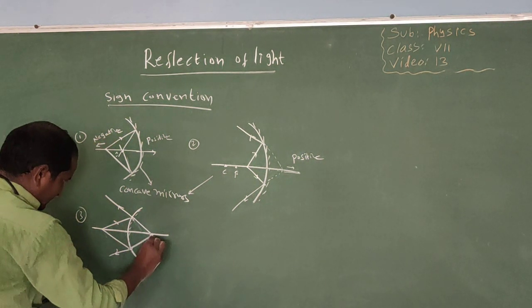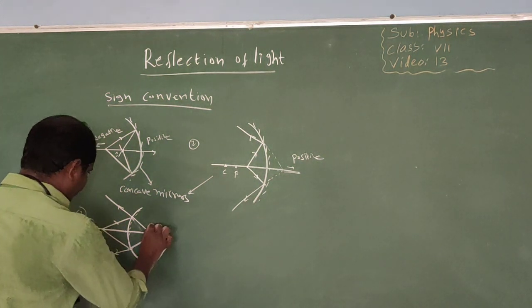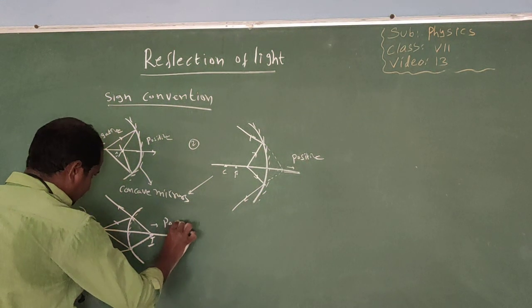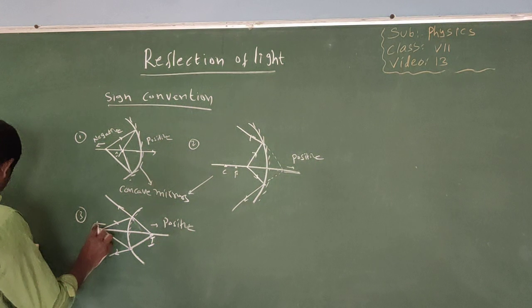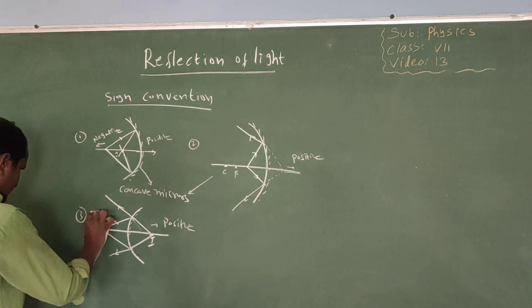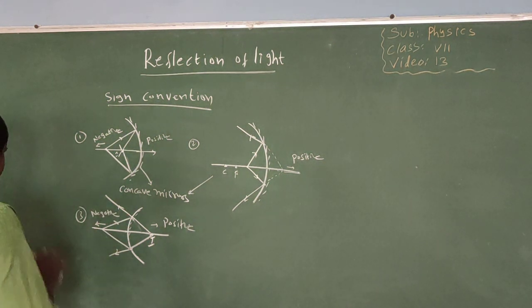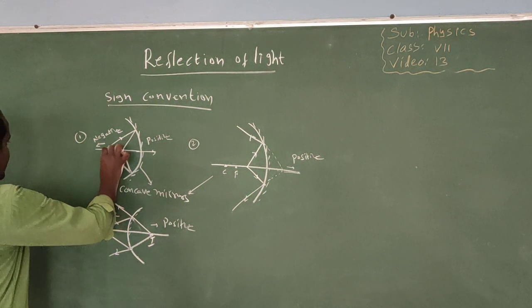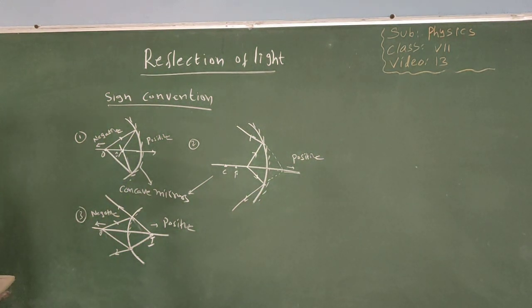Above the axis is positive, and the other direction is negative. The object is here, O is the object. So here the object distance is negative and the image distance is positive.